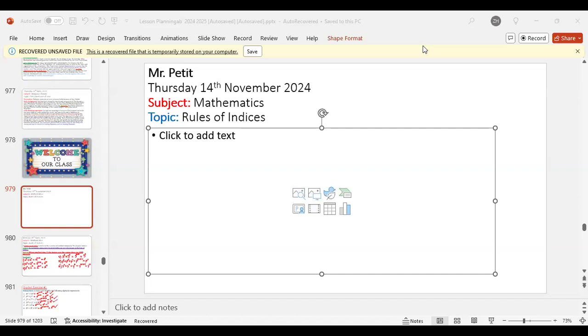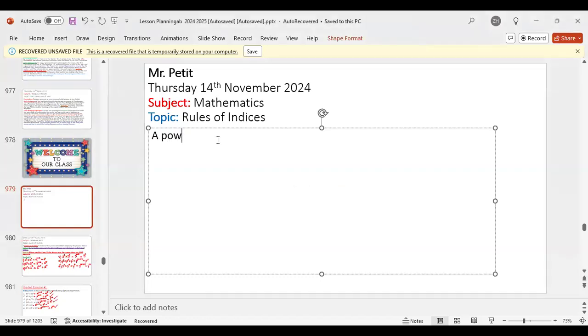All right, so let's begin. Let's write this definition now. A power or an index is used to write a product of numbers compactly.